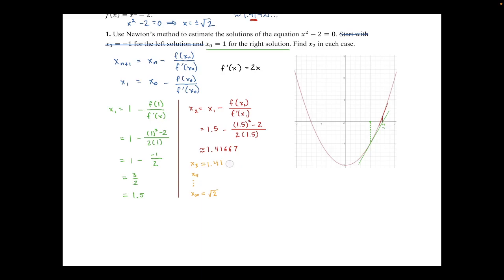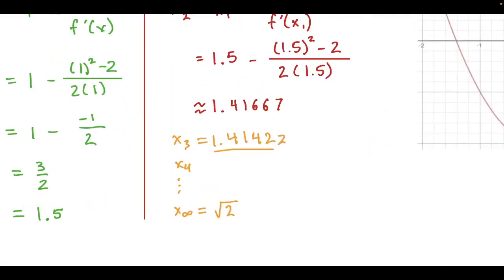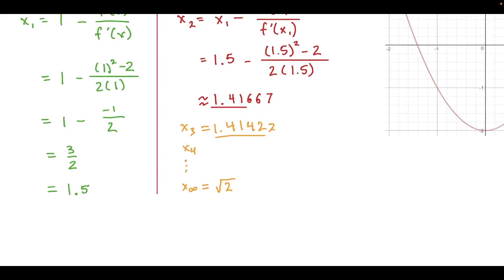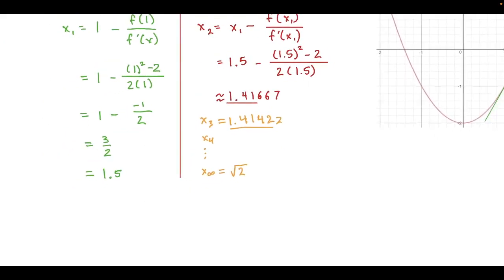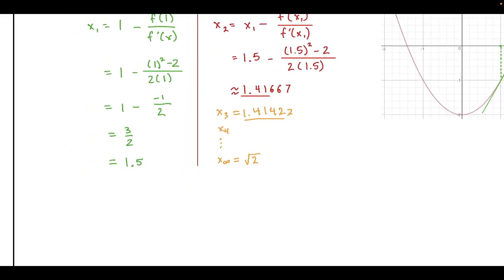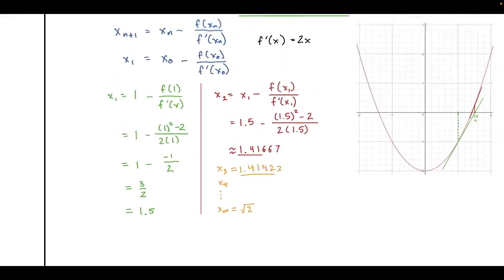So if you look at just one more iteration, we have two more accurate place values. At x sub 3, the first 5 digits are accurate. At x sub 2, the first 3 digits are accurate. And like I said, if you went on to infinity with this process, you can get as much accuracy as you need. But that's Newton's method.